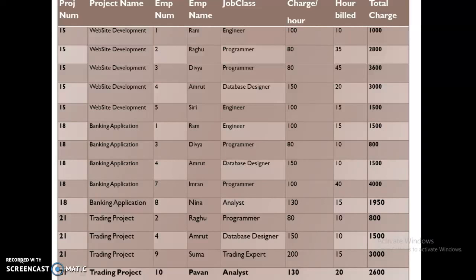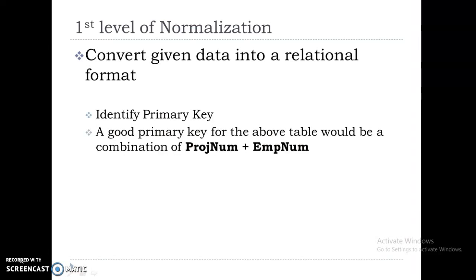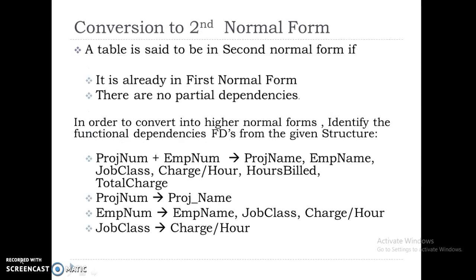So in cases like these, where one single column doesn't satisfy the requirement of a primary key, what we usually do is choose a combination of columns to serve as our primary key. This is also referred to as a composite primary key. So for this particular example, our primary key could be a combination of project number and employee number. We notice that the combination of project number and employee number is always unique. That is, it is never repeated.